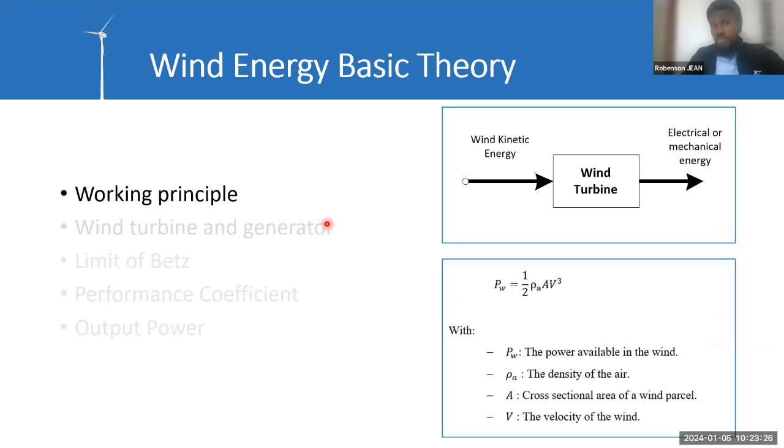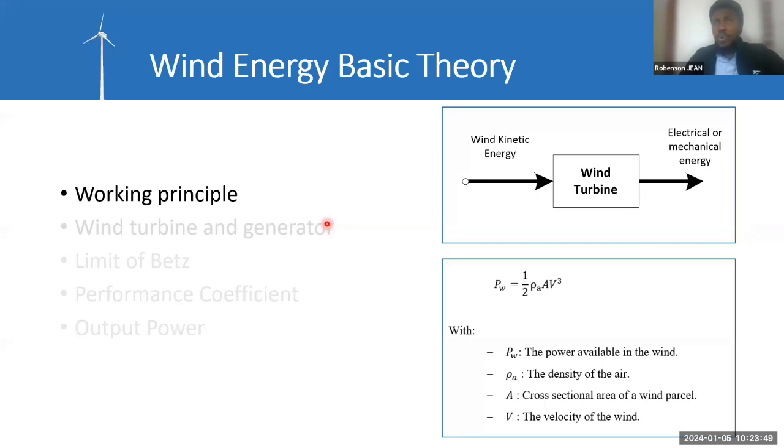So now we have to try to understand how a wind turbine works. Let us consider the wind speed. If we are talking about wind speed, it is because there is a mass of air in motion. If it is in motion with a velocity, it contains kinetic energy.